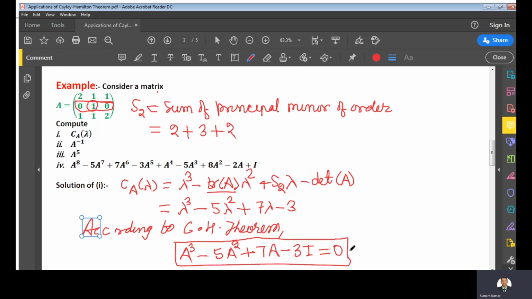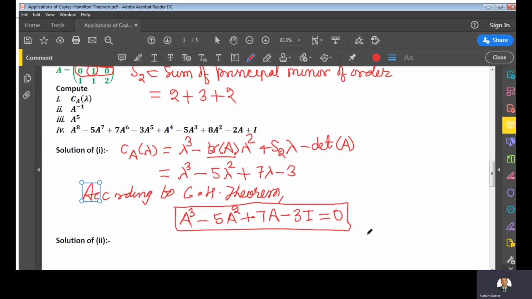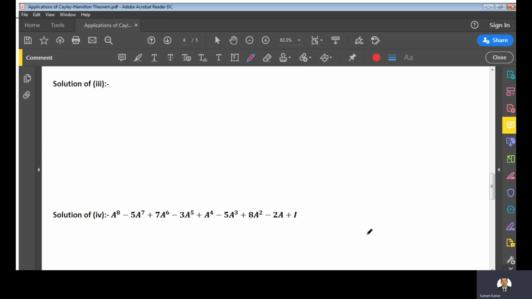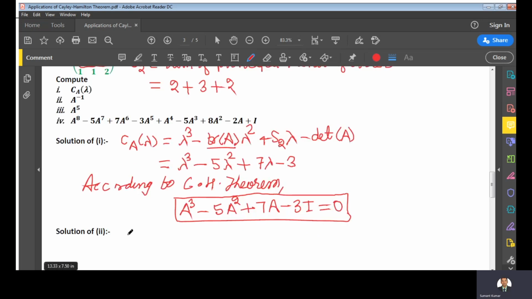But the question is, how will you find the inverse of a matrix using this result? For it, you will multiply this expression, which you may call equation number 1 for further reference, by A inverse.